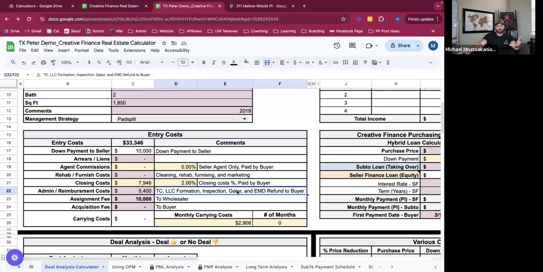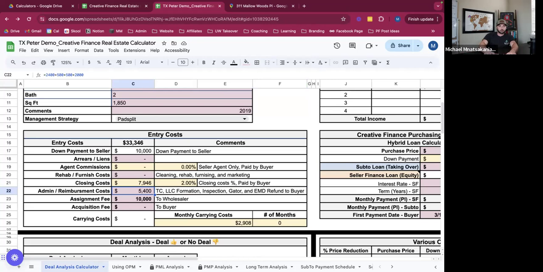If you're part of Sub 2, you understand what Gator means: someone is lending you the earnest money deposit to get into the deal, and you're going to pay them a premium for borrowing those funds. So in this example, it's $2,000 for the EMD and a Gator loan of $500.